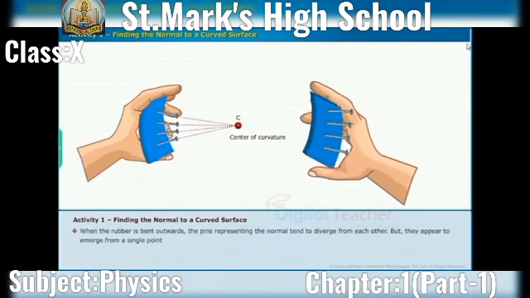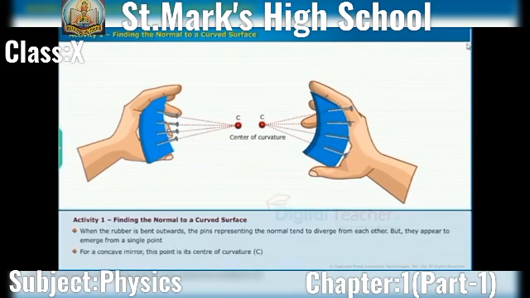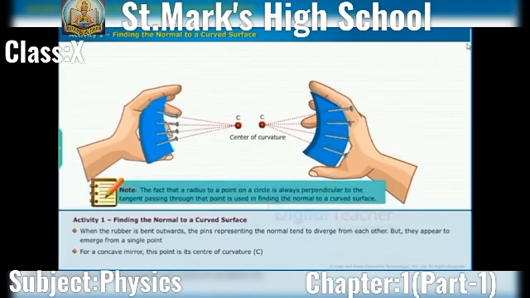When the rubber is bent outwards, the pins representing the normal tend to diverge from each other, but they appear to emerge from a single point. For a convex mirror, this point is its center of curvature C. Note: the fact that a radius to a point on a circle is always perpendicular to the tangent passing through that point is used in finding the normal to the curved surface.